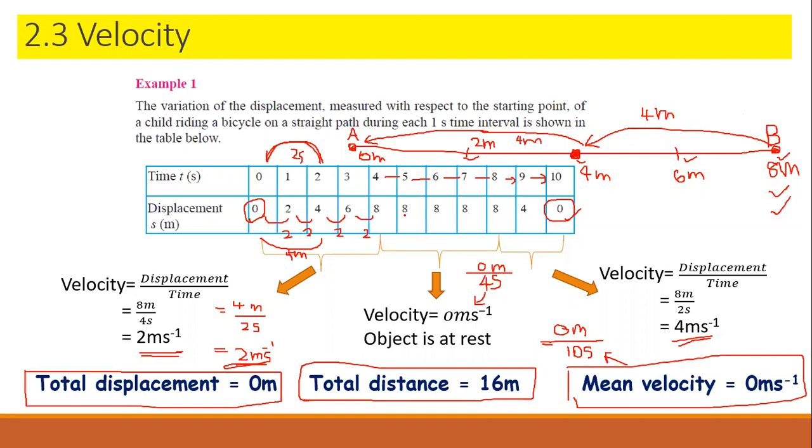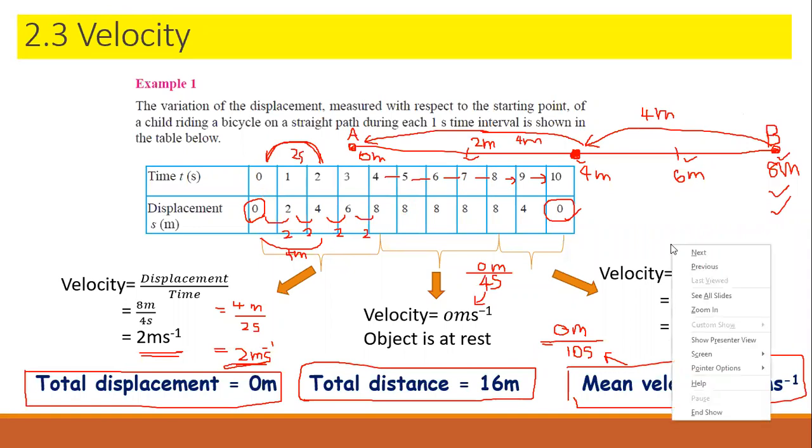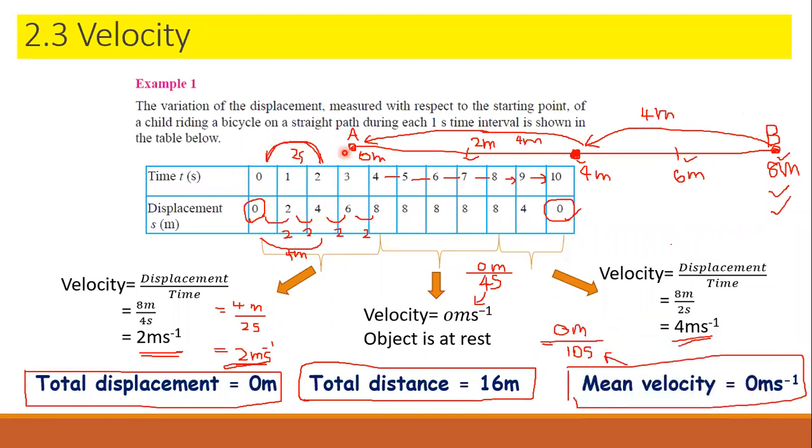So we have to explain what he has done here. We can start with this first part. In this first part, he is moving with a constant velocity of 2 meters per second.